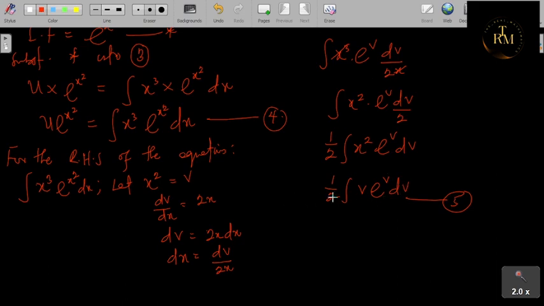So for this particular integral, what I've done is broken it down, but I'll still have to apply integration by parts to this. And to do that, that's the integral I have here. I'll say let u be equal to v, and let dv be equal to exponential v.